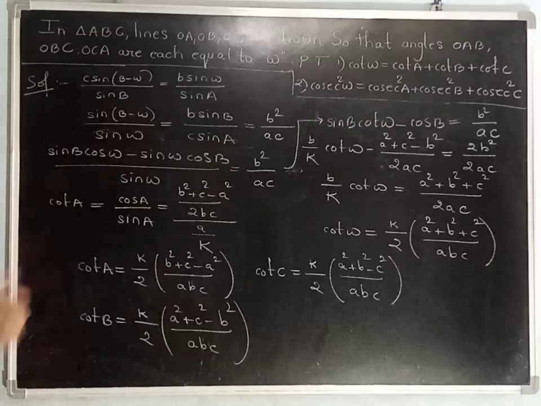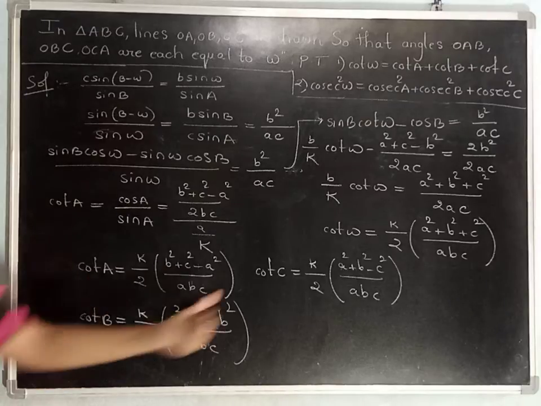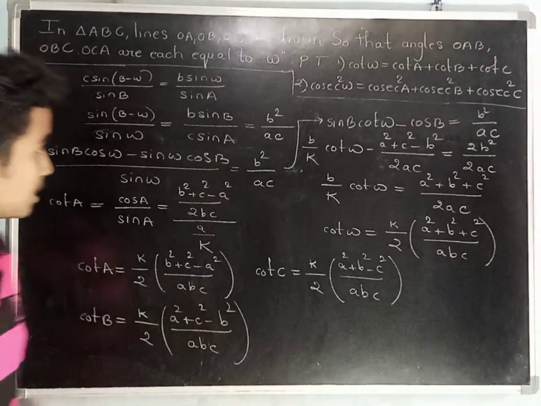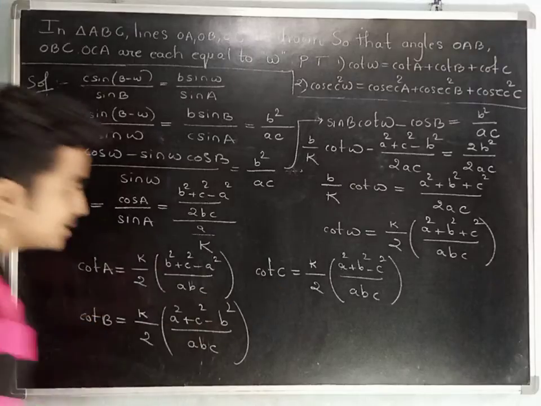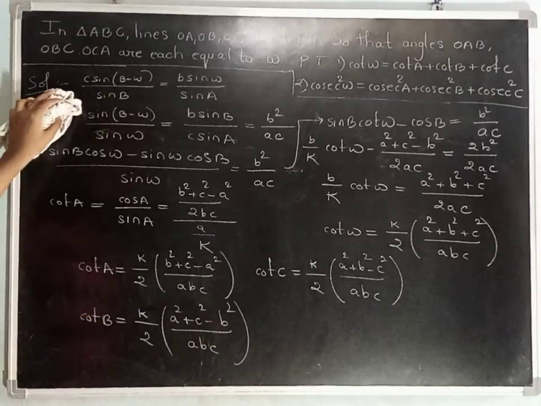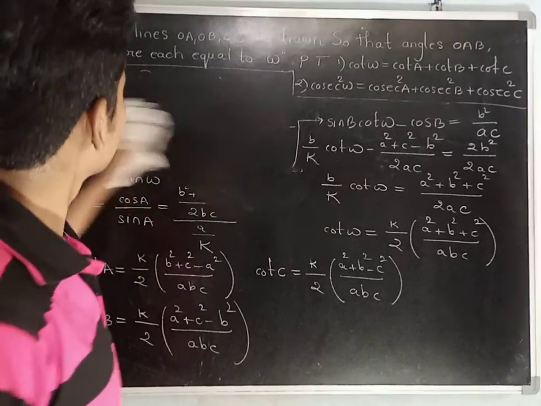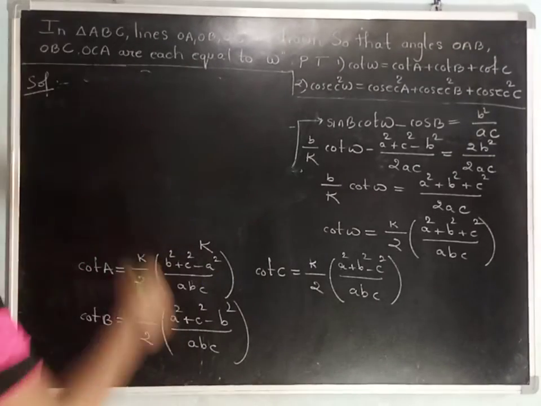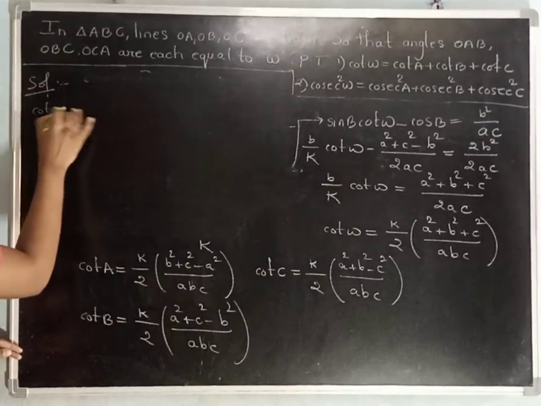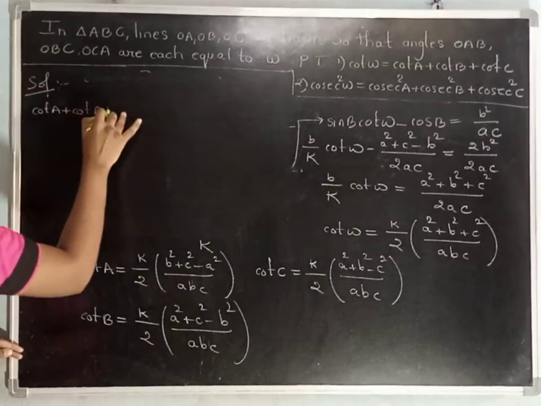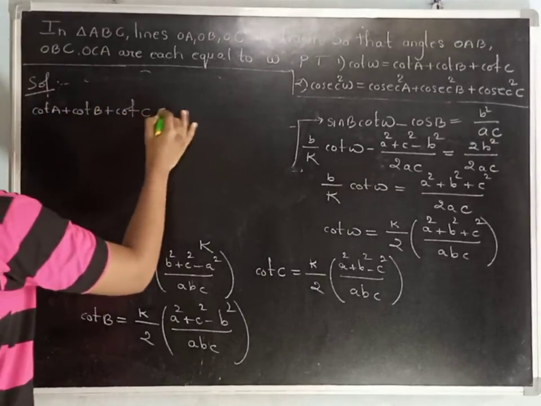We got three results for cot A, cot B and cot C. Next what I am going to do, I am going to add these three. Cot A plus cot B plus cot C.